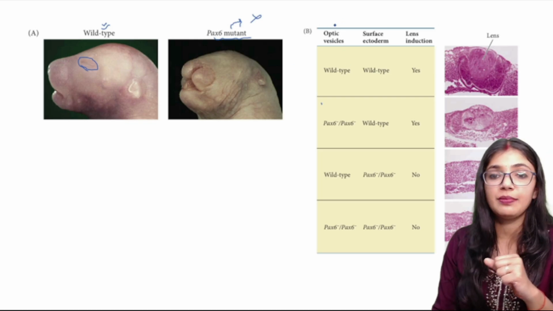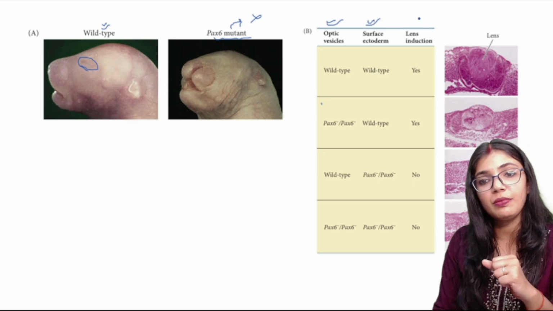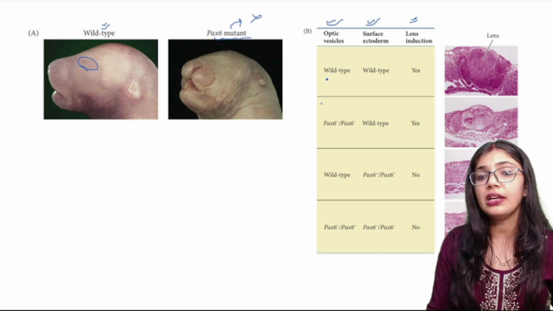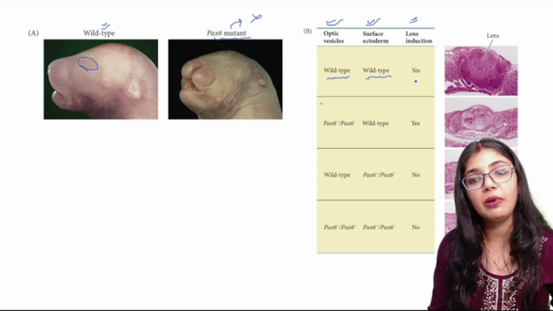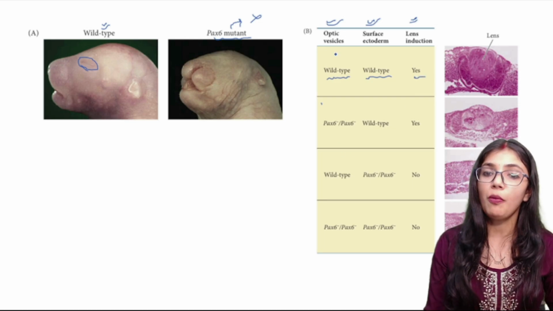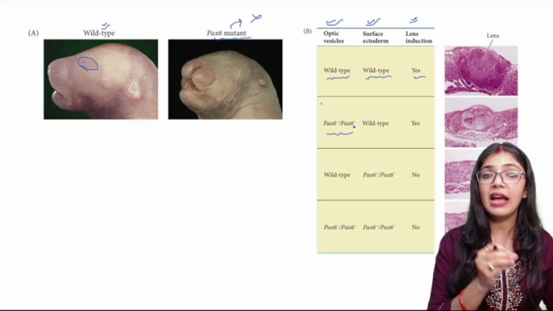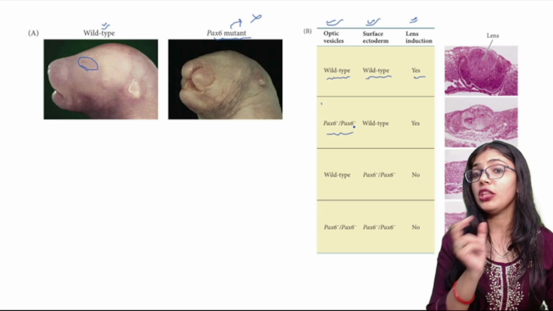So let us see the experimental cases. Here the optic vesicle is present, here the surface ectoderm is present, and this is the lens induction. Here the optic vesicle is wild type and the surface ectoderm is also wild type, so there will be formation of lens. In the next case, the optic vesicle is PAX6 mutant. As we have discussed, PAX6 should be present in the ectoderm, not in the optic vesicle.